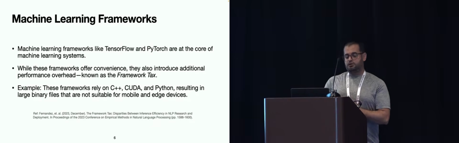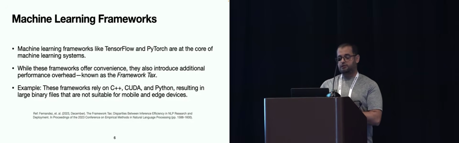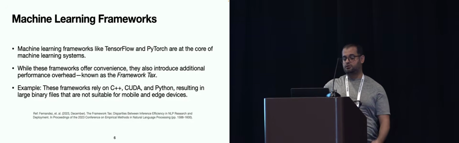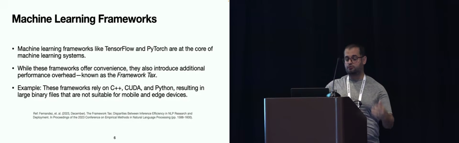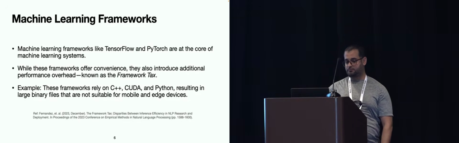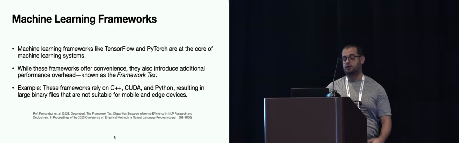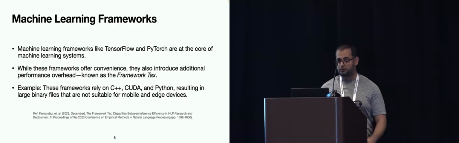Now if we talk more specifically about machine learning frameworks, TensorFlow and PyTorch are the core of machine learning systems. They are written in languages like C++, CUDA, and Python.